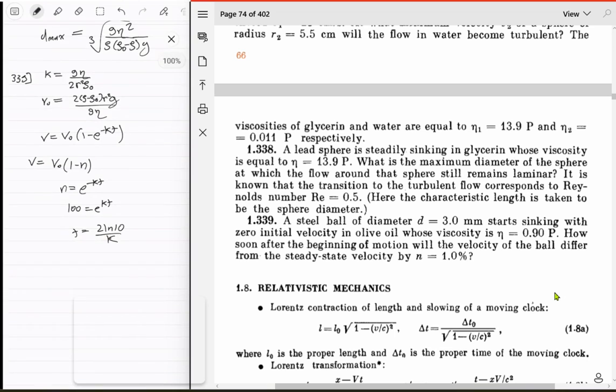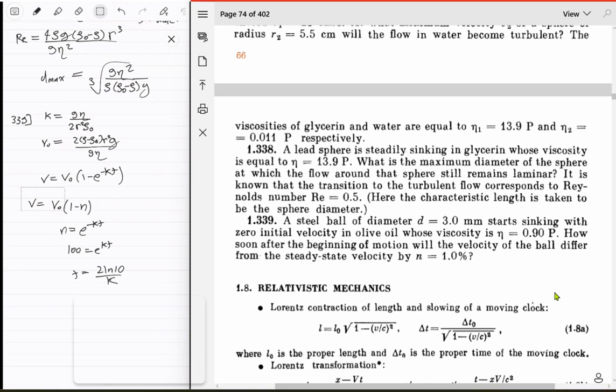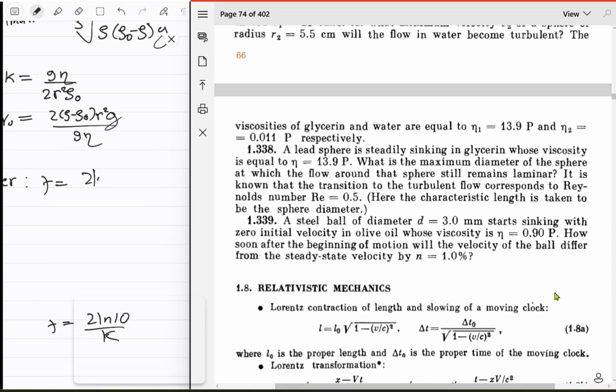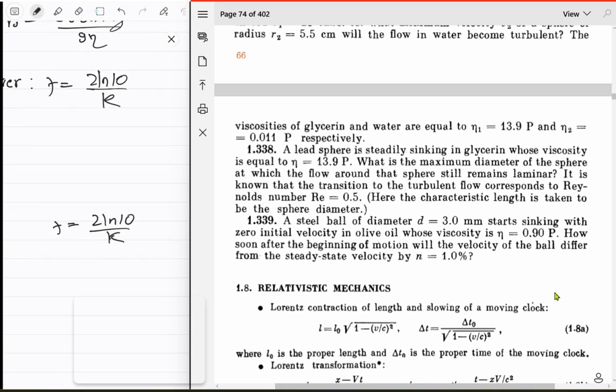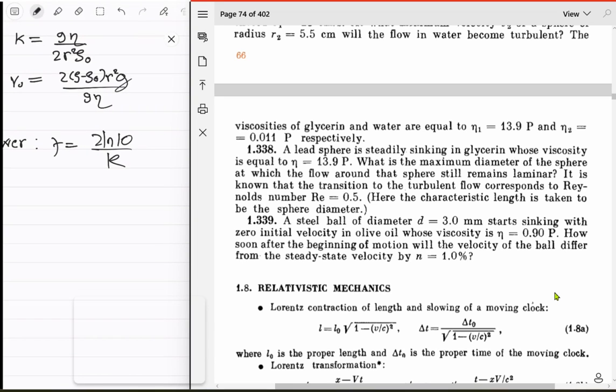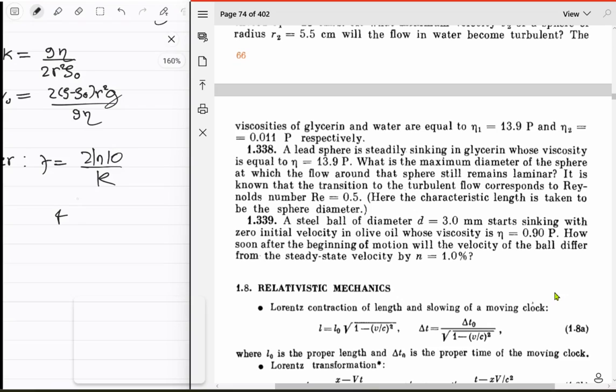All right. So our answer is t is equal to 2 natural log 10 upon k, which is what? Let's actually figure this out. First of all, just put k over this. It will be 4 r squared rho naught natural log of 10, and all of that, upon 9 eta.